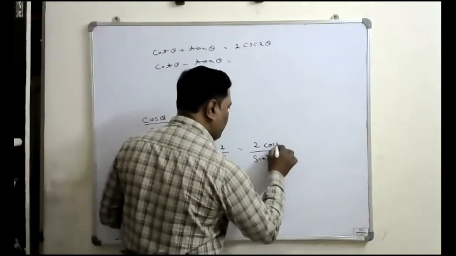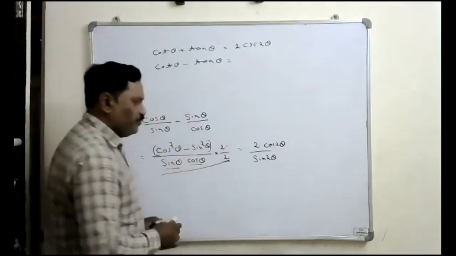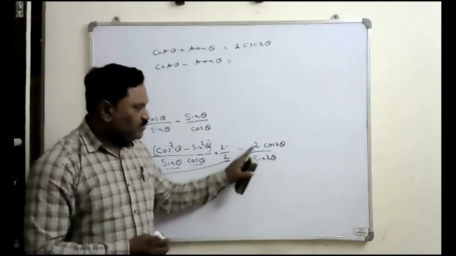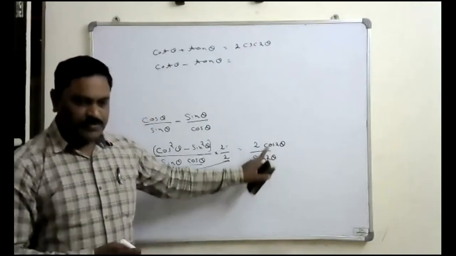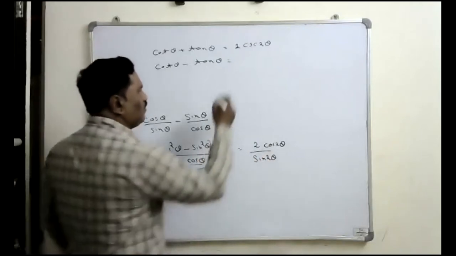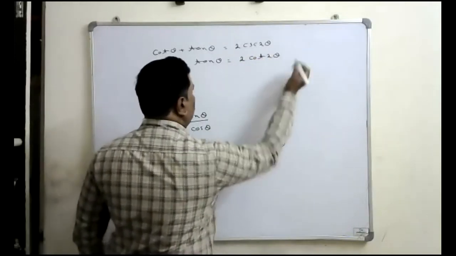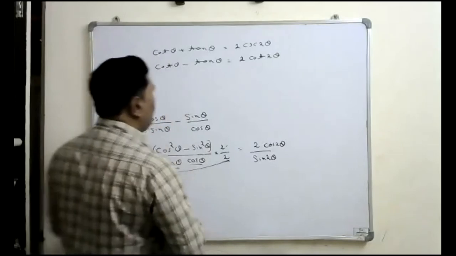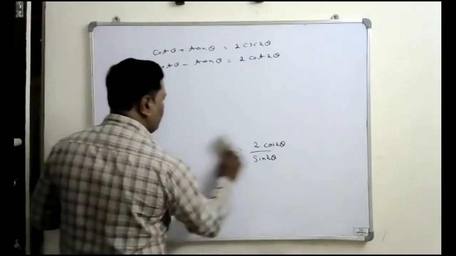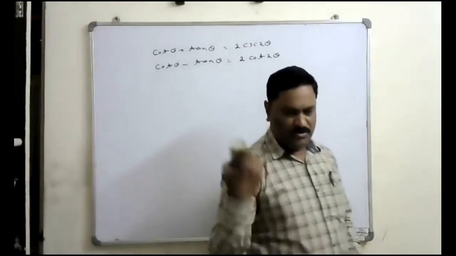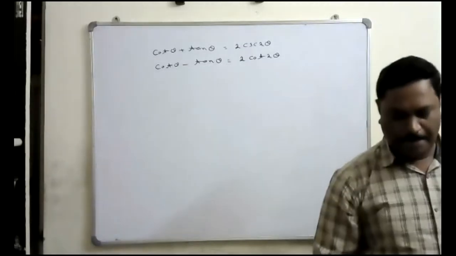So we will get cos 2 theta in the numerator and sin 2 theta in the denominator, with a 2. Now it is 2 times cos by sin, which is cot. That is 2 cot 2 theta. This is the another result. Therefore, cot theta plus tan theta is 2 cosecant 2 theta, and cot theta minus tan theta is 2 cot 2 theta. So remember that result.